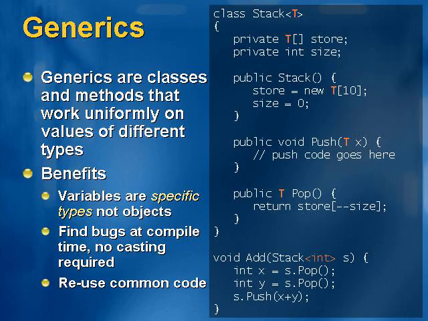For those who aren't familiar with generics, generics are classes and methods that work uniformly on values of different types. So basically, you can build generic implementations of classes that you can strongly type at design time and work with in a strongly typed manner. So it's great, rather than sticking strings in an array list and casting them when you're pulling them back out, you can actually strongly type it to be a string list and be able to identify any errors that you may have at design time rather than at runtime.